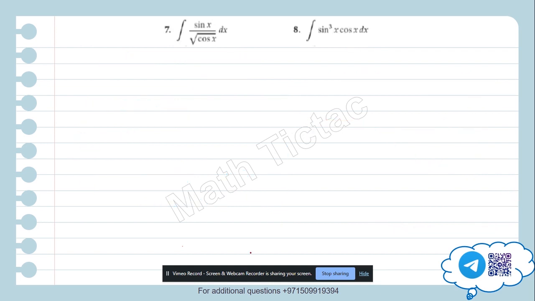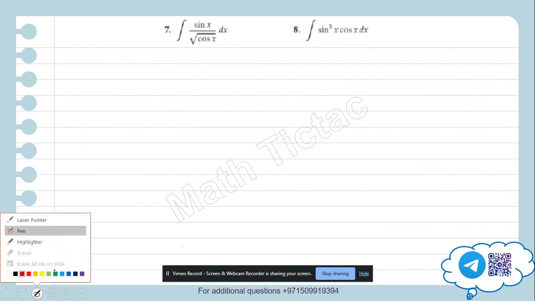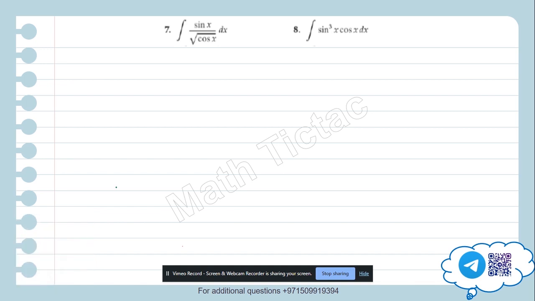So let's see how we can solve also these questions. Question 7, question 8. So starting with question 7. In here, I'm looking for a function that I can find its derivative or part of its derivative.